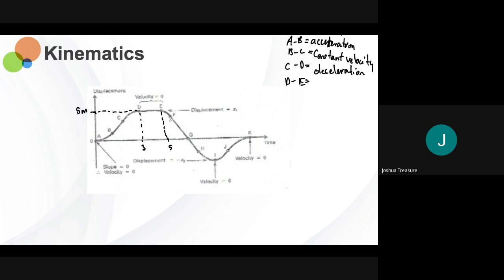Exactly. The object is not moving because as time continues, it is still at 5 meters. That clear? Yes, sir. So velocity is at 0. It's not moving. Object not moving.